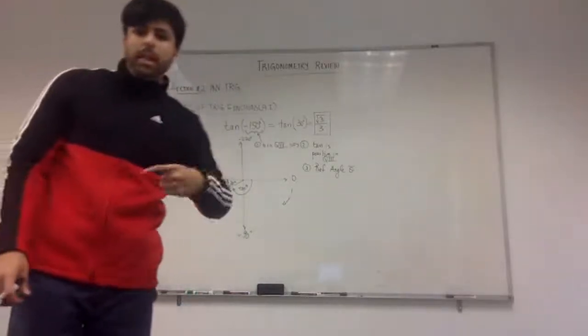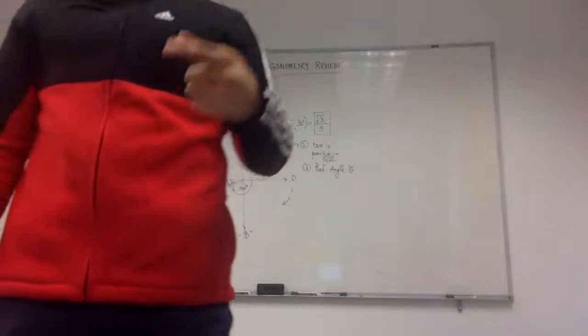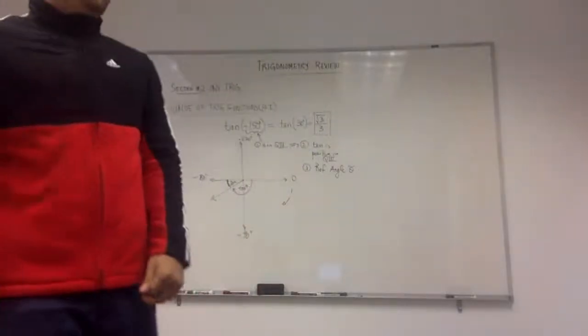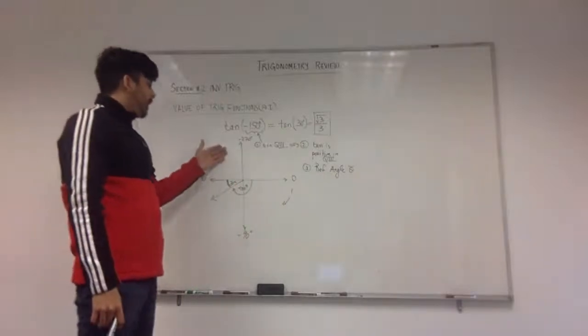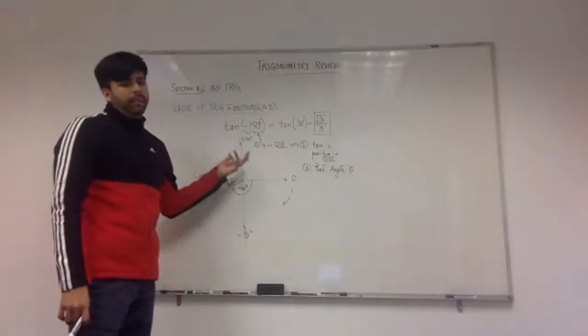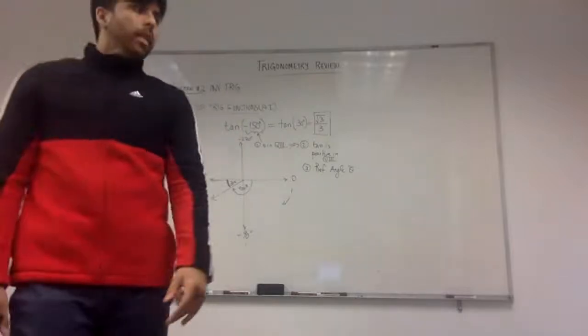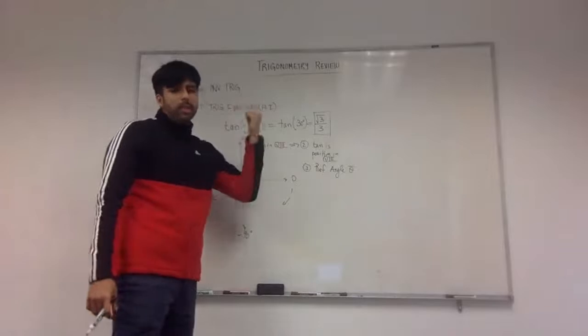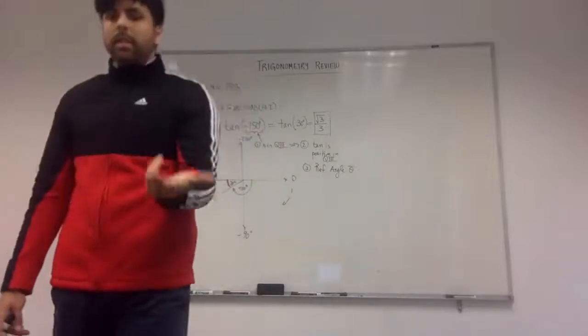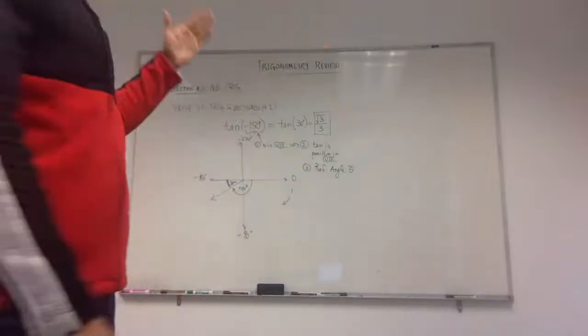And this is the same idea for any one of those expressions. We want to figure out where is the angle. Is the function positive or negative in that quadrant? What is the reference angle? Because the reference angle gives us, we should know the reference angles, 30 degrees, 45 degrees, 60 degrees, 0 degrees, 90 degrees. These are the reference angles.